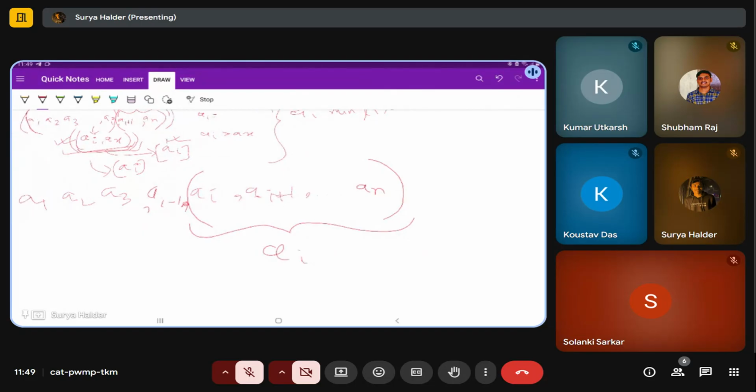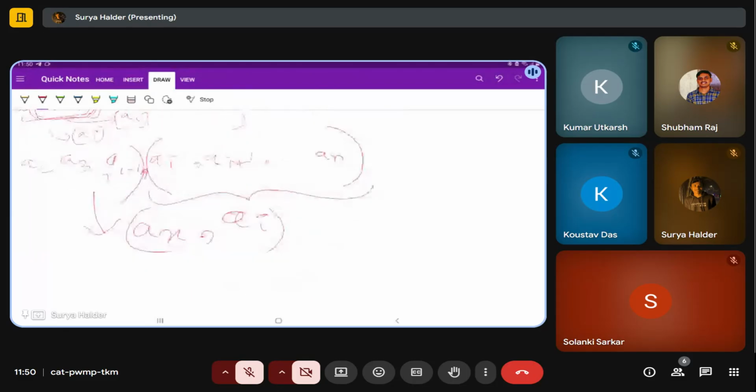correct? And I will take this entire subarray from a1 up to a of I minus 1 and replace it with the minimum element from the left. Suppose let it be a of x. I do not care what is the value of a of x. Finally, I will be getting two elements. One will be a of x and another will be a of I. Suppose a of I is the greater element, then I will be taking the suffix operation.